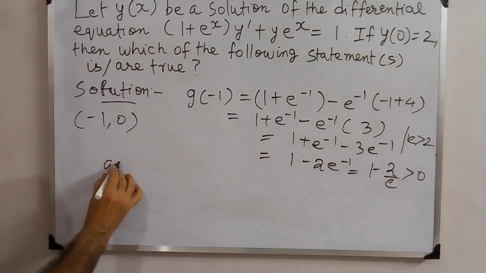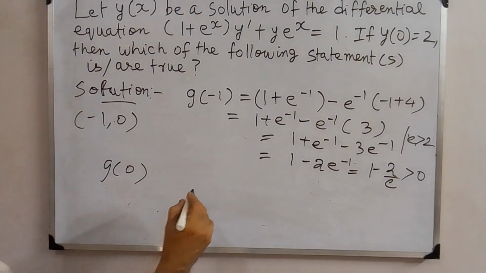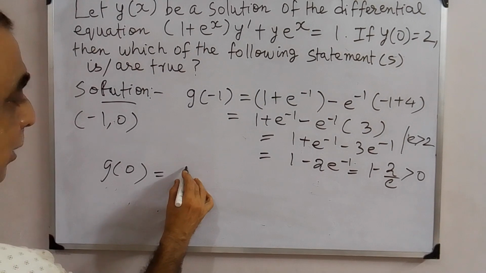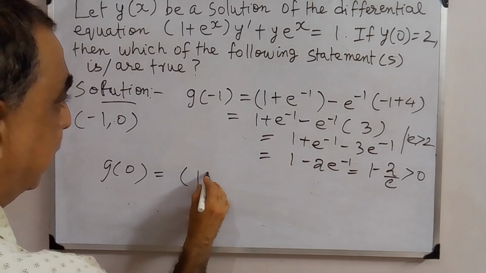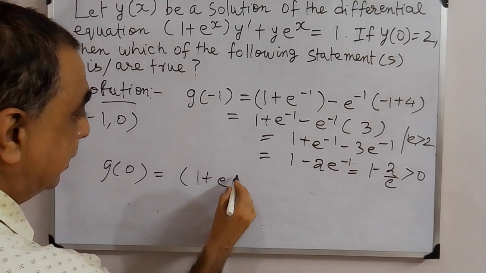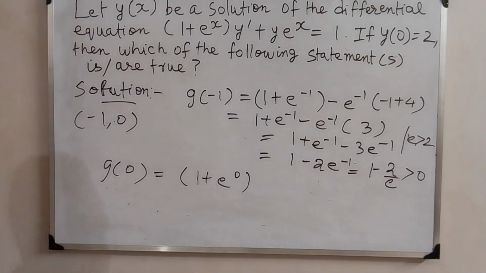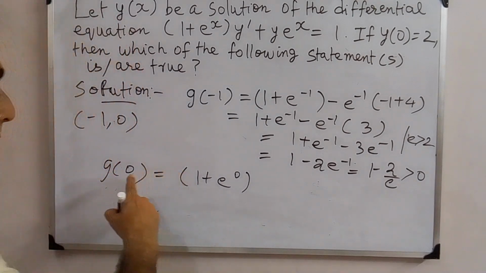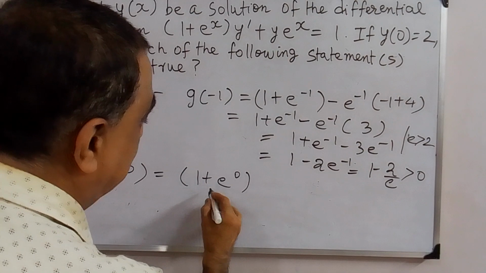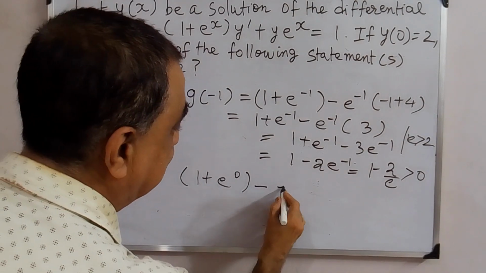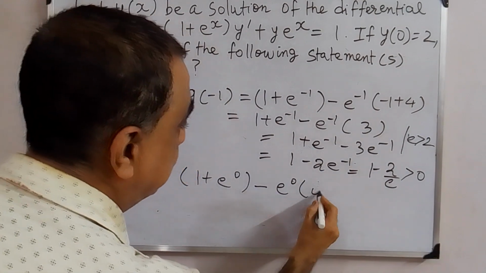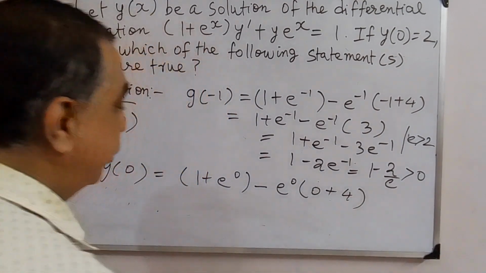And g(0): when I put x equal to 0 in the function g(x), this becomes 1 plus e to the power 0 minus e to the power 0 into (0 plus 4).